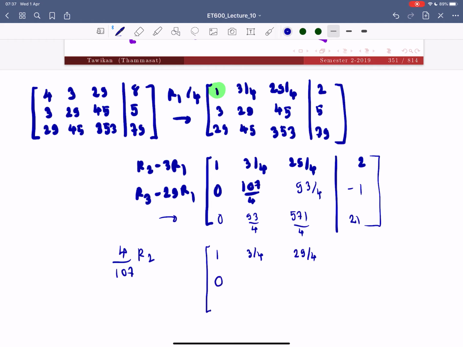And the second row will be changed to 0, 1, and 93 over, because 4 and 4 will be cancelled, so 93 over 107 to negative 121. The last row remains the same.